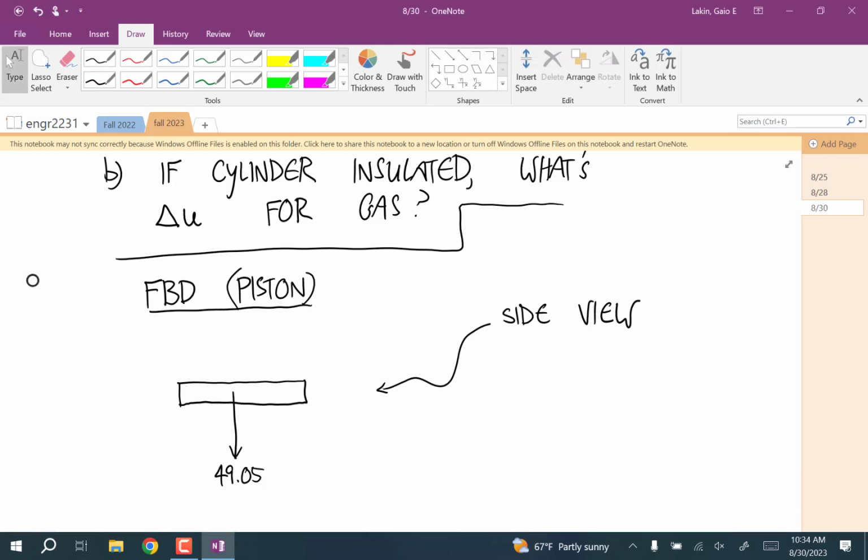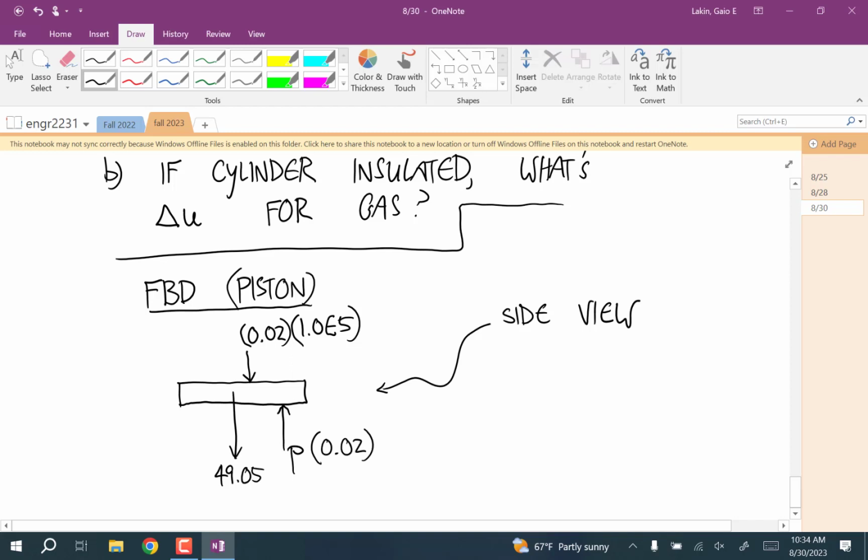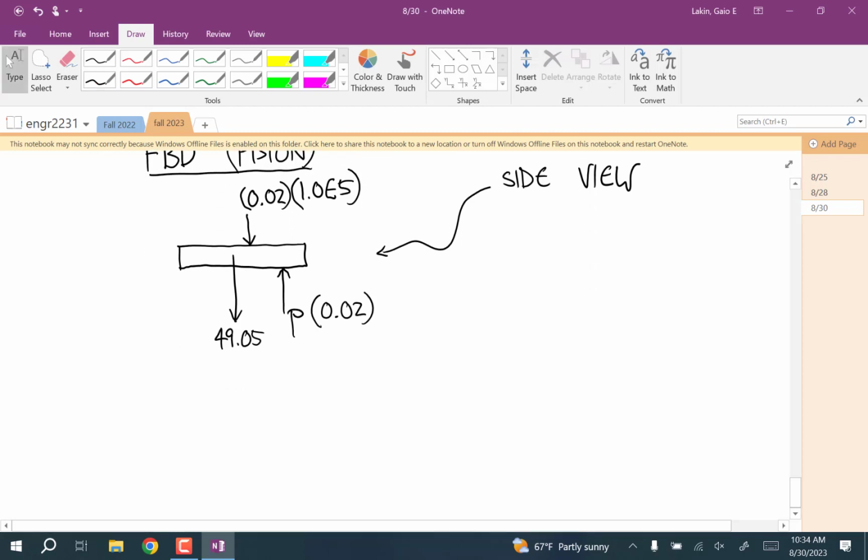Then we have the force pushing down that's caused by the atmospheric pressure. So that is the cross-sectional area, 0.02, times atmospheric pressure, which is 1 times 10 to the 5th. And then pushing up, we have the pressure of the gas. So this is going to be P times the cross-sectional area. All right? We're going to balance those.